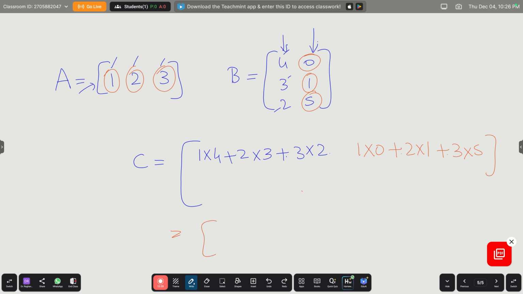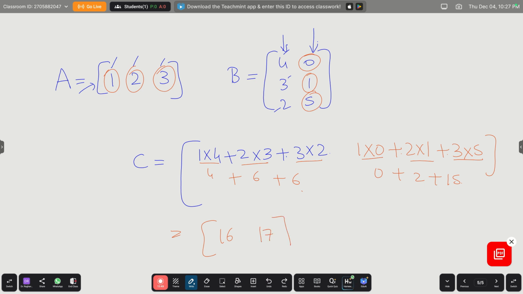And this computation you can do. 4 into 1 is 4, 2 into 3 is 6, 3 into 2 is 6. So 6 plus 6 plus 4 is 16. And here 1 into 0 plus 2 into 1 plus 3 into 5. So 15 plus 2 plus 0 is 17.